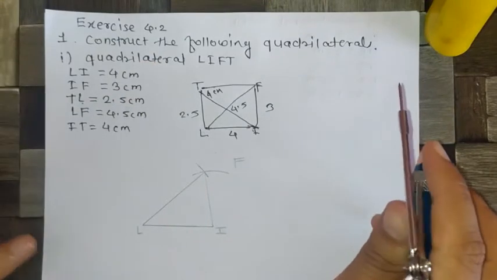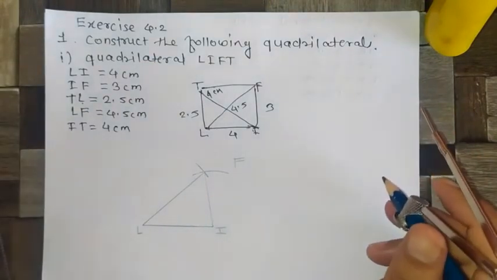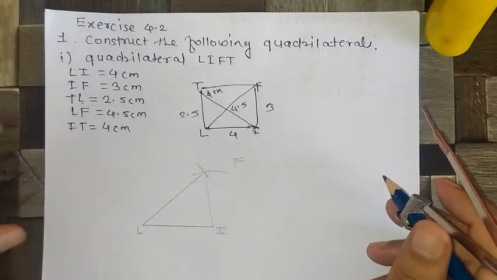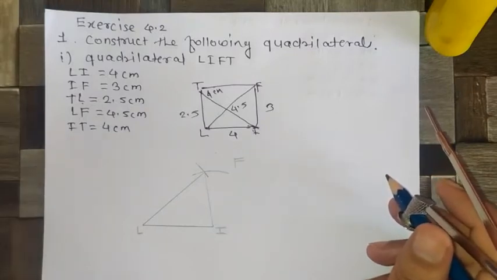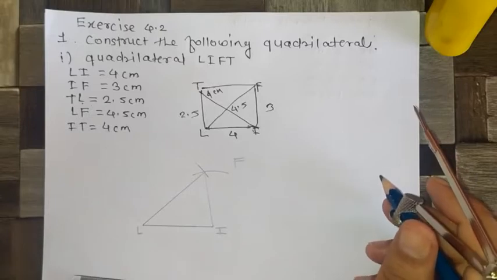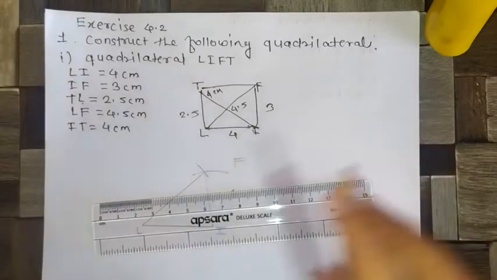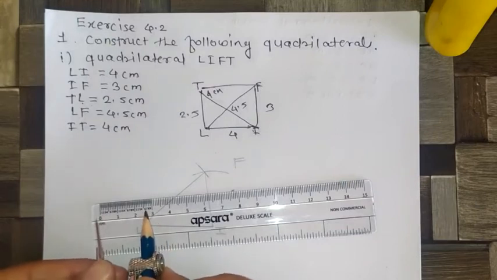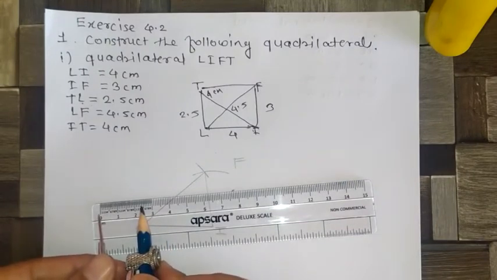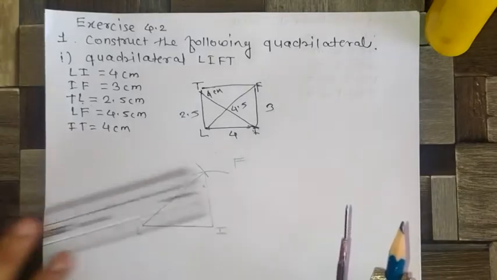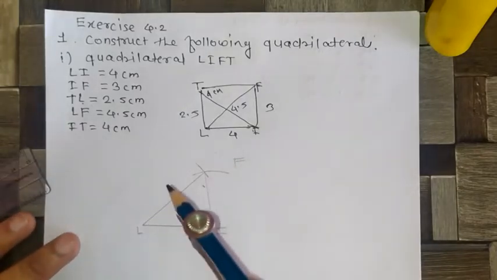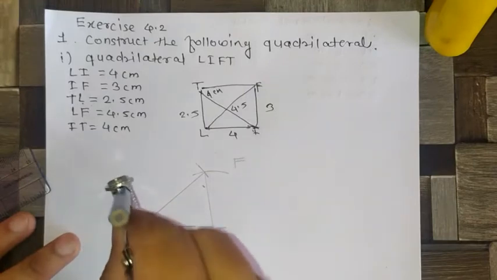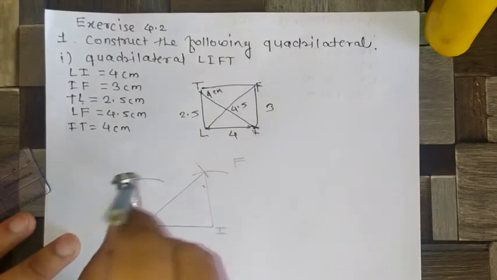So we have completed now. Now we are going to think about the next triangle. Here the measurement of LT is given, that is 2.5. So I will take this distance 2.5. Once it is taken, make L as a center and draw the arc.